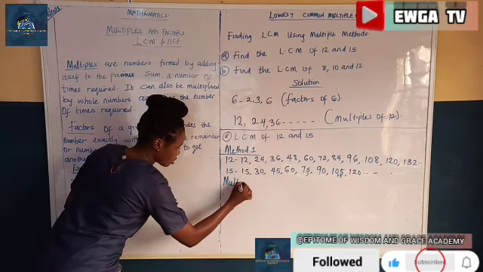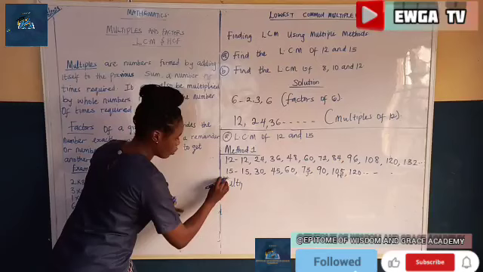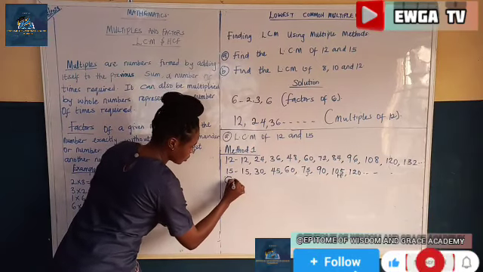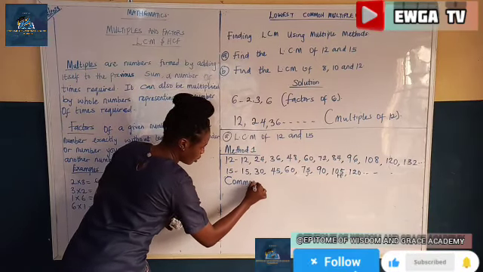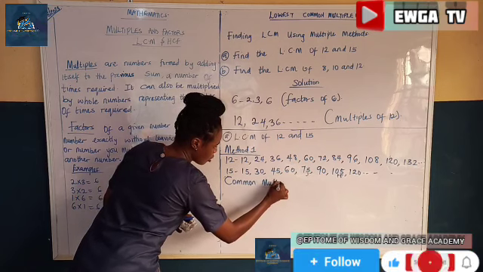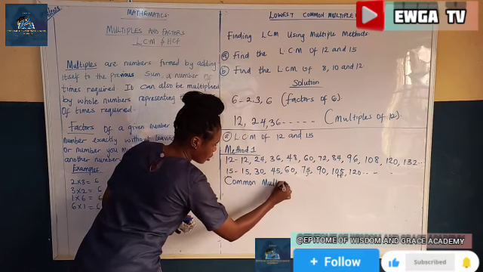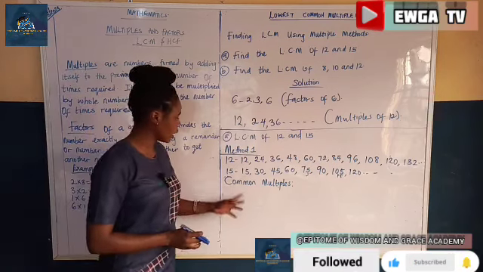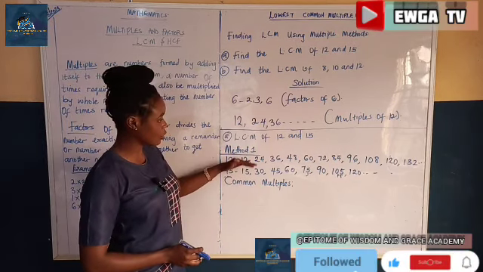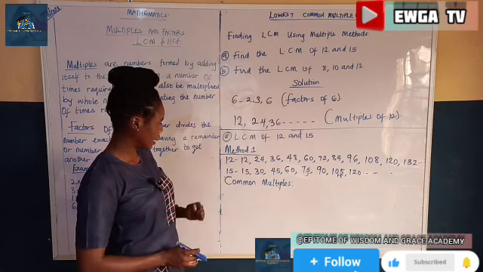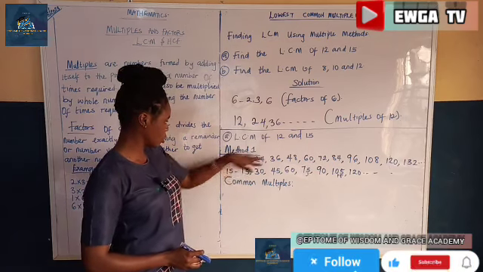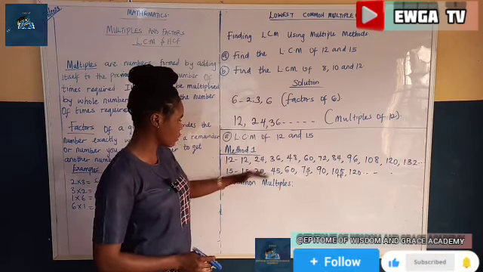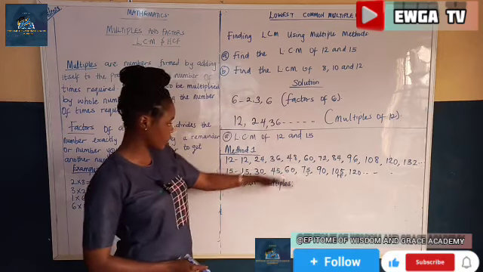Now let's look for the common multiples, not just multiples. What's common? Let's look at 12, the numbers that are actually the same. From what we've gotten, 12 is not here, 24, 36, 48.